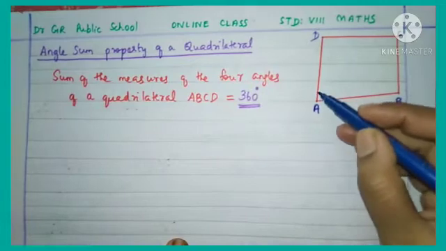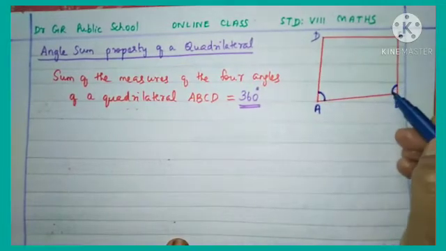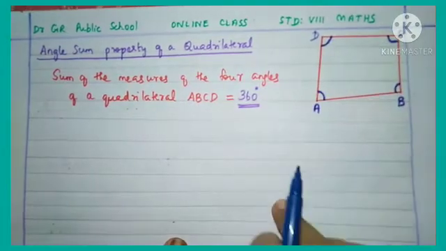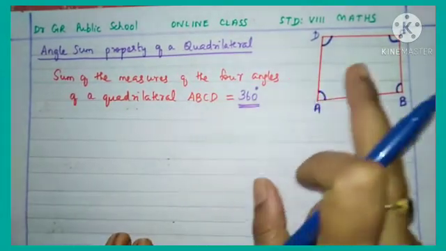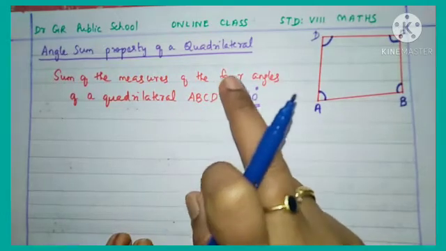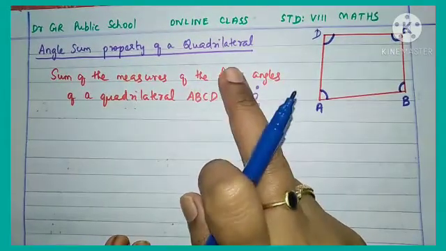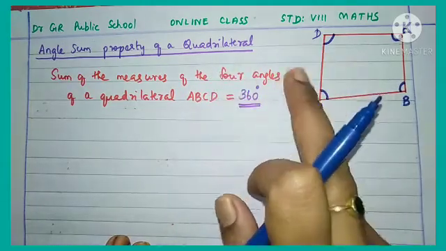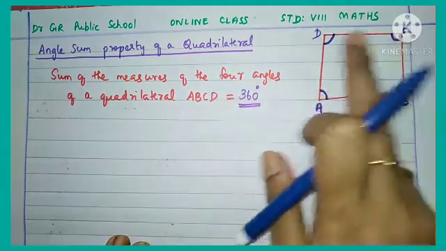Four angles: angle A, angle B, angle C and angle D. So using the angle sum property of a triangle, we found the angle sum property of a quadrilateral.